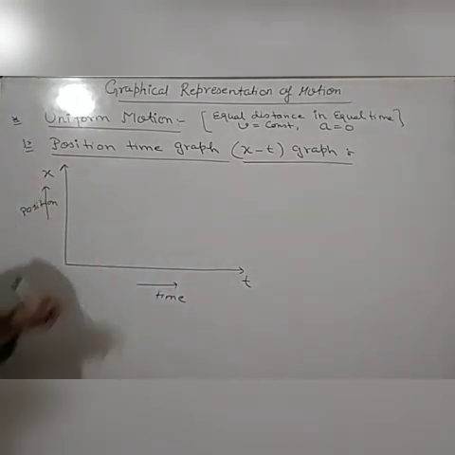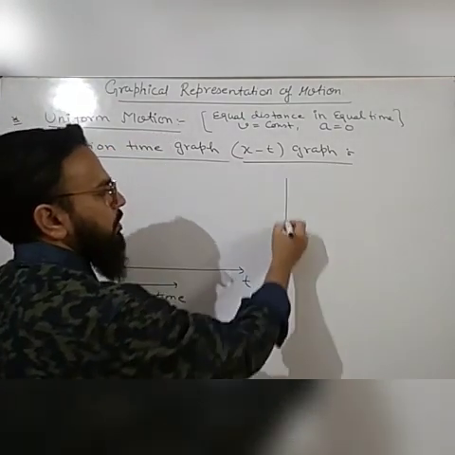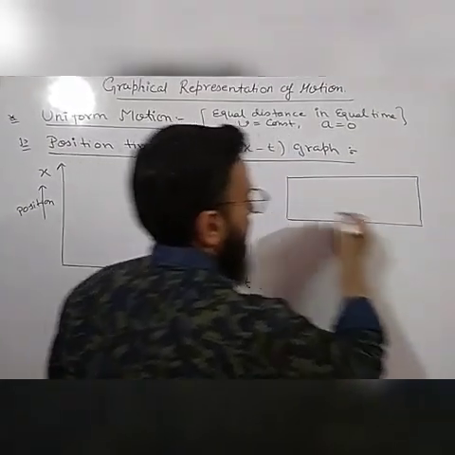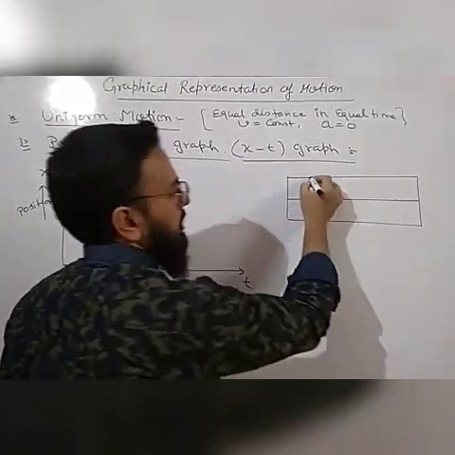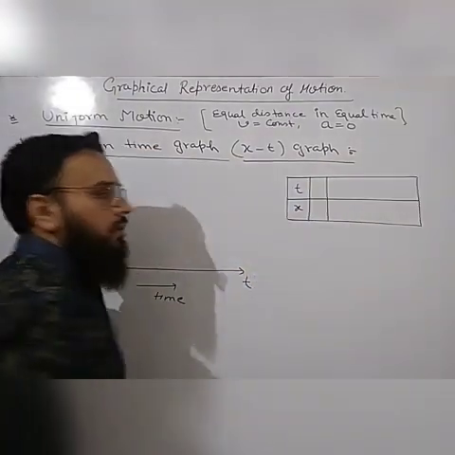For a uniform motion, let us take an example which I already took in my previous class. I had drawn a table of position versus time. Let this be time and this be position.